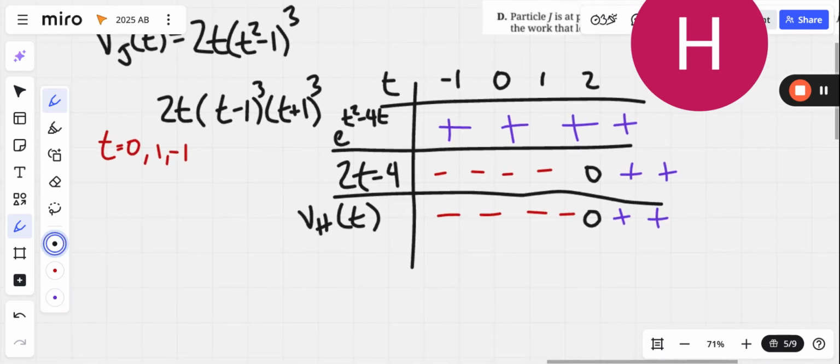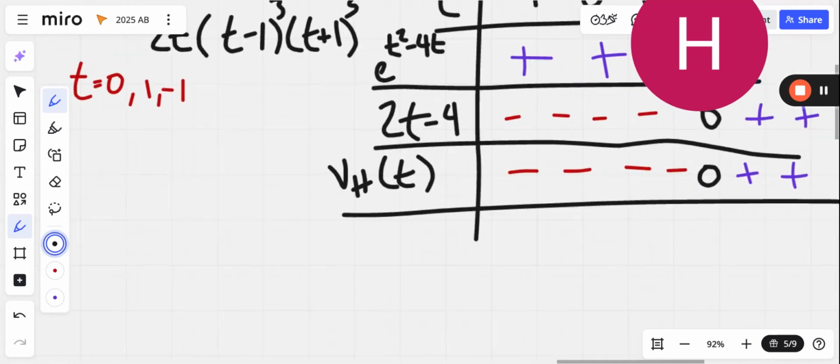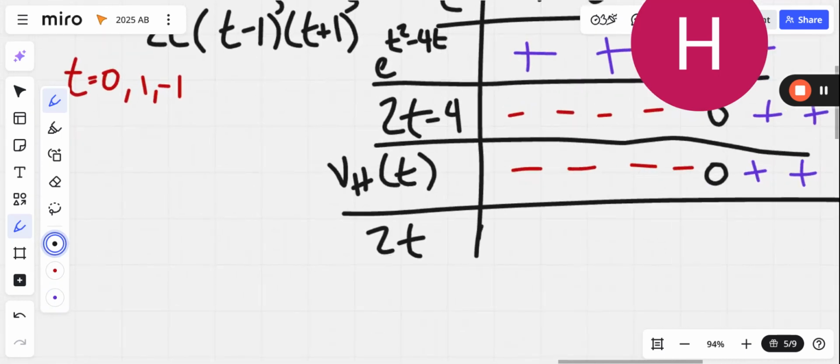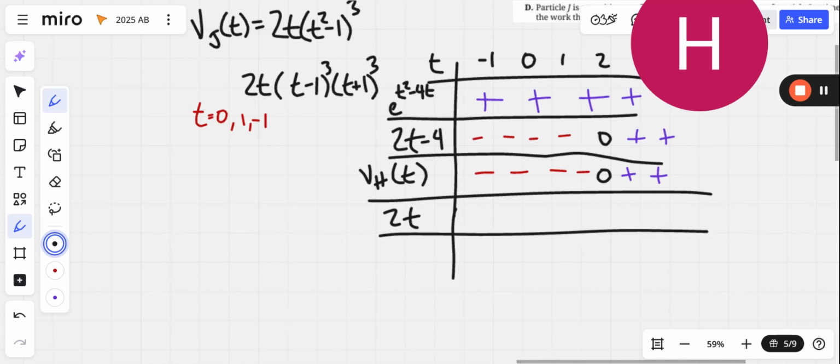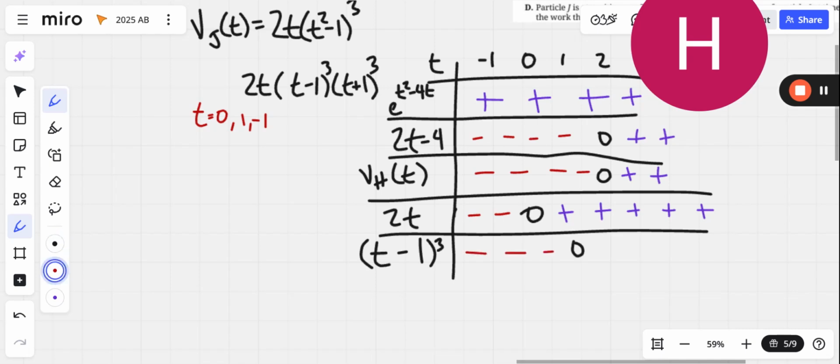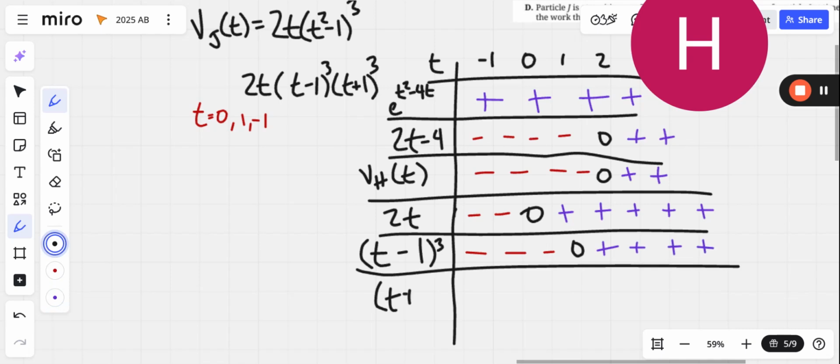Now, if we plot the factors of VJ, we'll have 2t. That, of course, is 0 when t is 0. Negative before, positive after. Then we have t minus 1, and this is cubed, so it's going to have the exact same behavior as t minus 1 because it's an odd degree. And similar story with t plus 1 cubed, except it is 0 at negative 1.